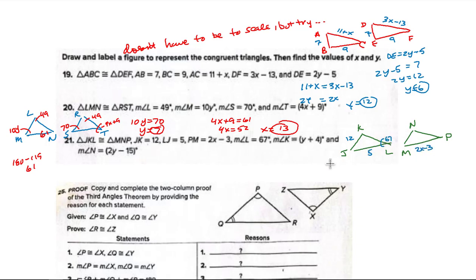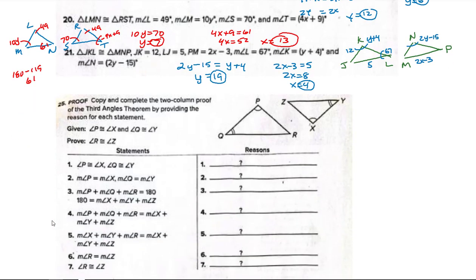So 2x minus 3 is going to be equal to 5, and y plus 4 is going to be equal to 2y minus 15. So I can set those two together and solve for y, and I can set 2x minus 3 equal to 5 and solve for x. So x is going to be 4 and y is going to be 19.